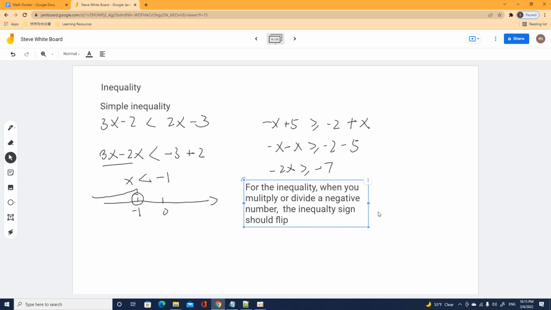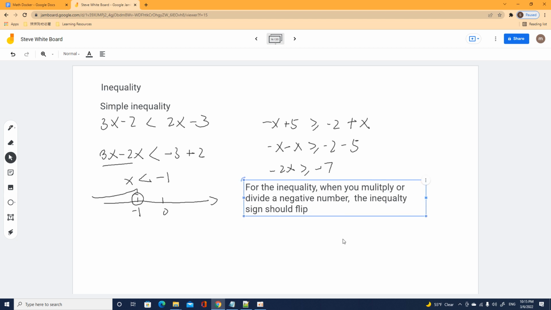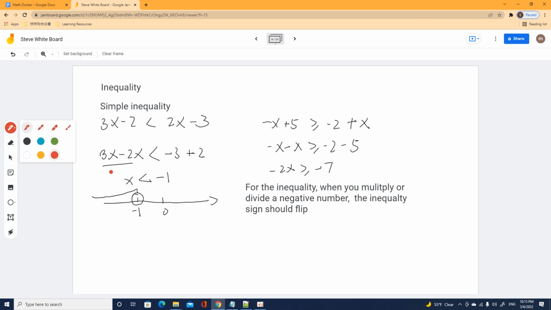What does this mean? For this one, we divide both sides by -2, and because -2 is a negative number, this inequality sign should flip.